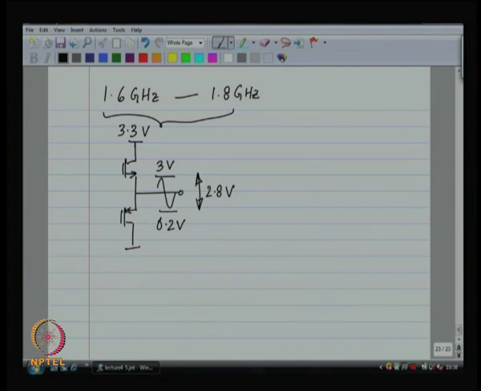Okay. And suppose that you are quite far from the base station, and you are required to pump out a power of 1 watt.